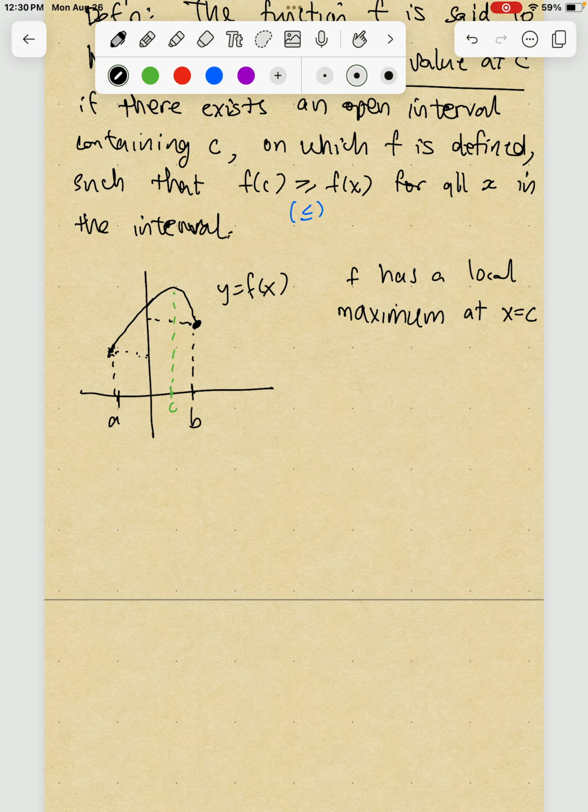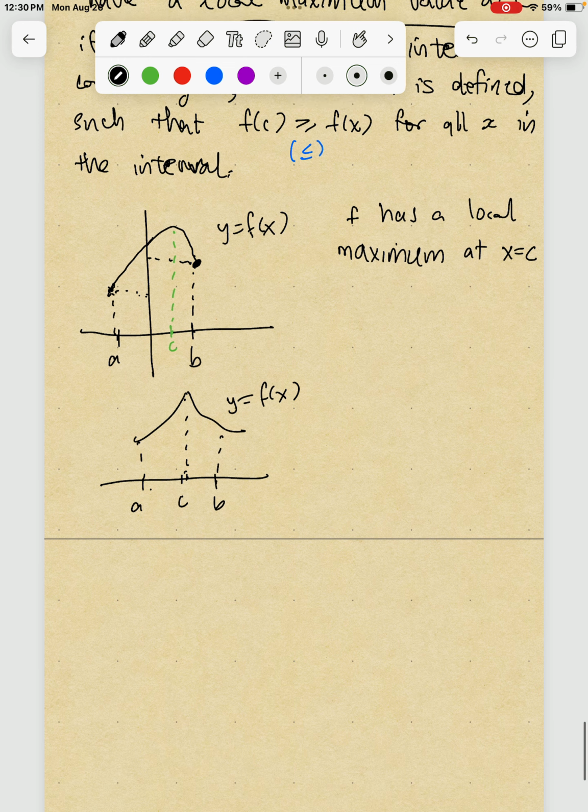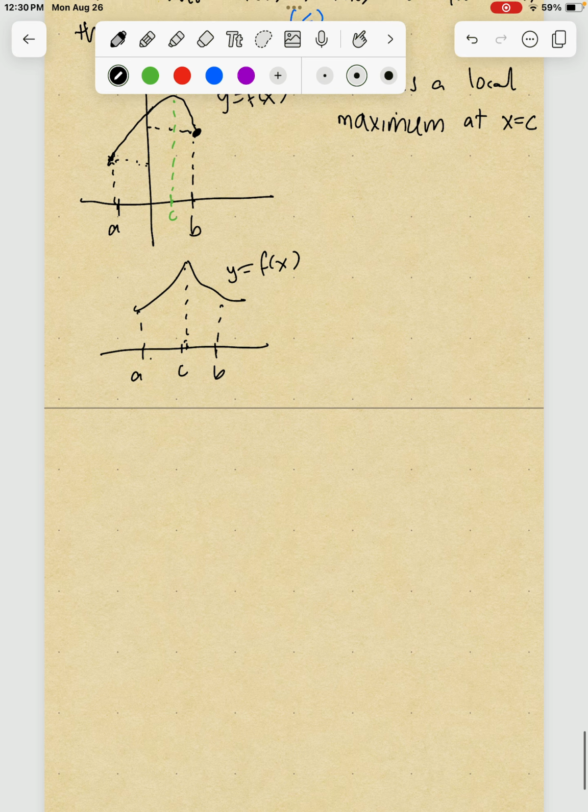Another example is this is a, and this is b, and this is c, something like this. Again, f has a local maximum at c because in some interval containing c, so the interval from a to b, f of c is the biggest y value out of all the possible y values.